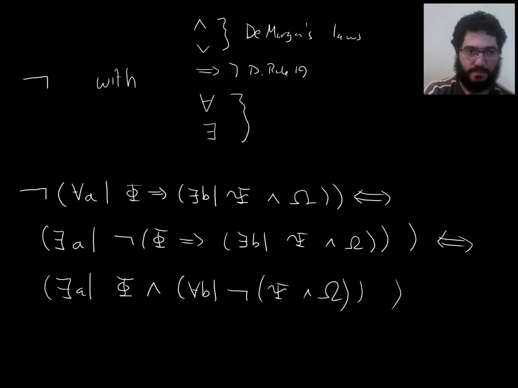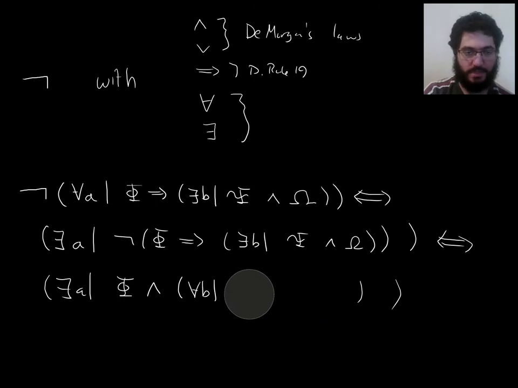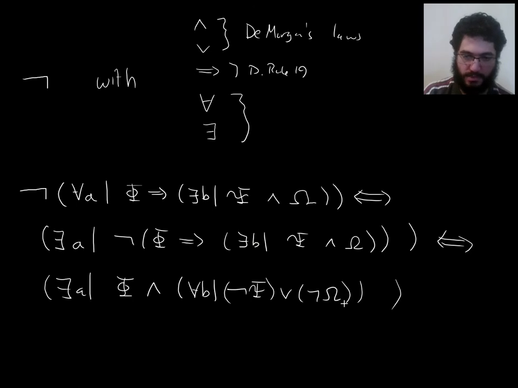And then negating this and, just use the original De Morgan's laws. It pushes through and this and becomes an or. So not psi or not omega. Just like that.